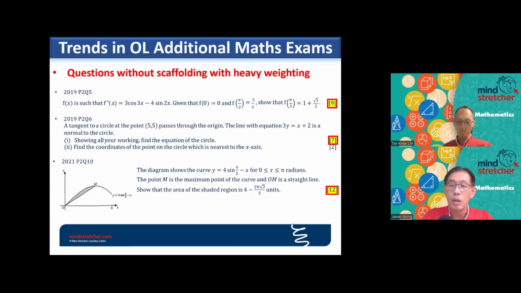A question may have a certain number of marks, but they will try to break it up into part A, part B, part C, for example 1, 2, 3, and then maybe 2 marks, 3 marks, 2 marks. They spread it out, so in a way it's guided. Usually the earlier parts will support the derivation of your solution for the subsequent parts. So there will be that kind of structure.